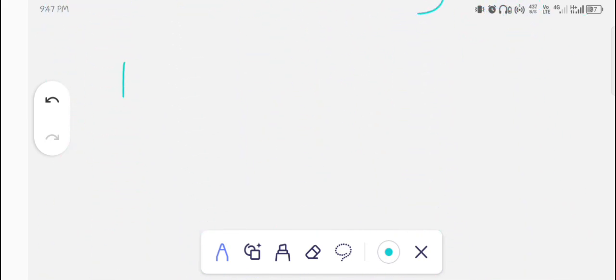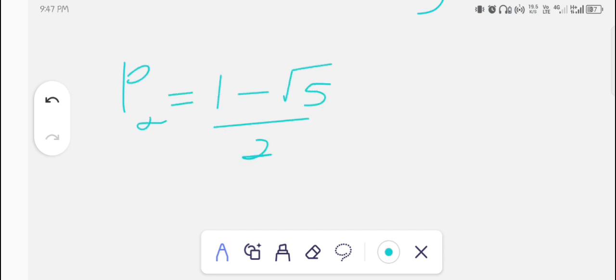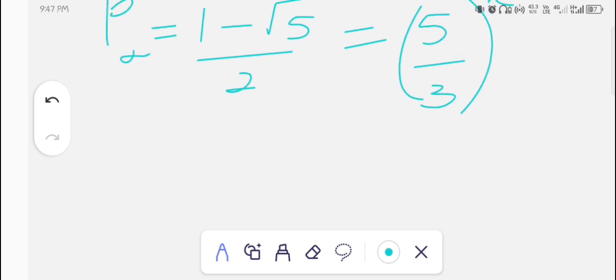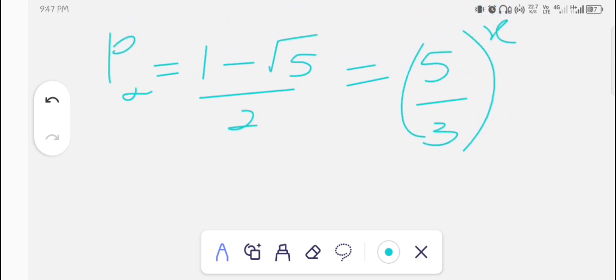Recall, we have p2 equal to 1 minus the root of 5 upon 2, and this, if we equate to 5 upon 3 all to the power of x. Now, we have agreed that this is a negative value.